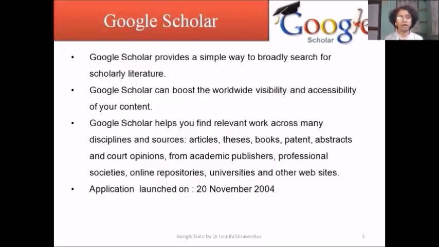Google Scholar helps to find relevant work across many disciplines and sources: articles, theses, books, patents, abstracts, court opinions from academic publishers and professional societies, online repositories, universities, and other websites.